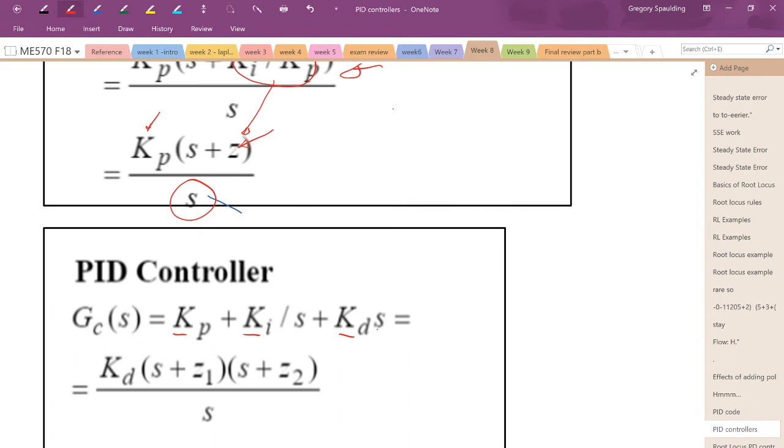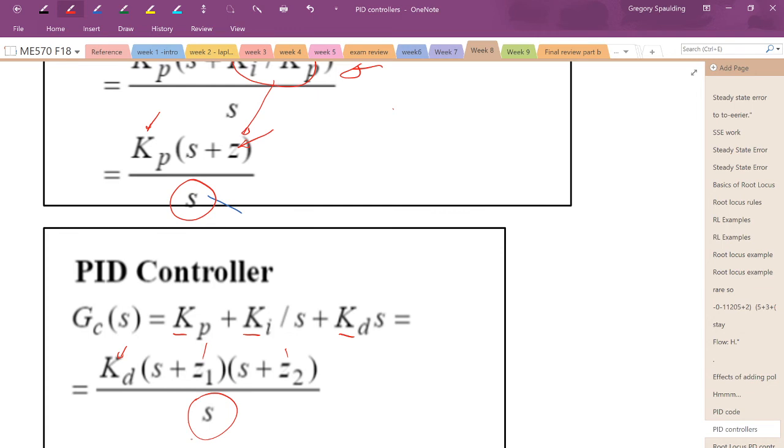And so what we've got here, if we manipulate this, we end up with a gain, a couple of zeros in here, and a free integrator. So we've got these tools that we can move around in our S-plane to reshape the branches to achieve a performance that is acceptable or desirable to us.